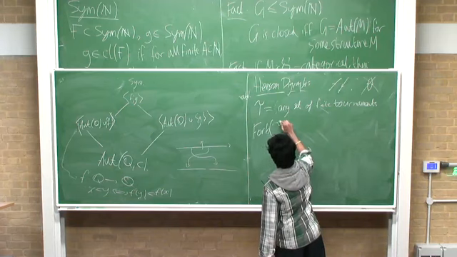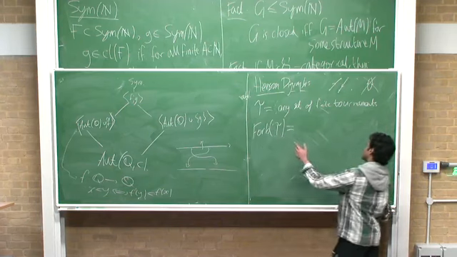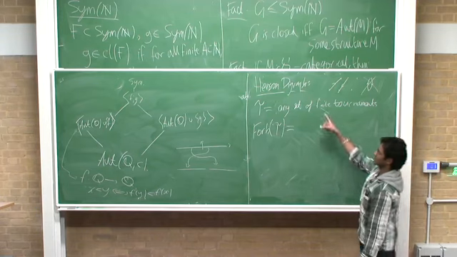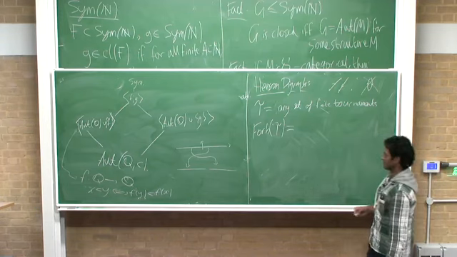And then Forb(T) will be the set of finite digraphs which do not embed any of these finite tournaments.